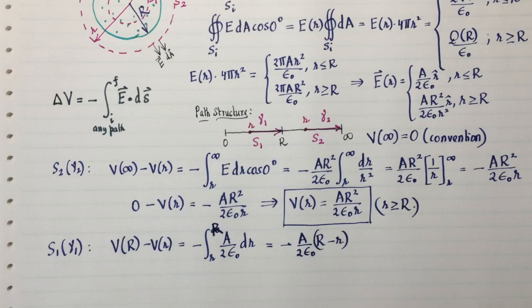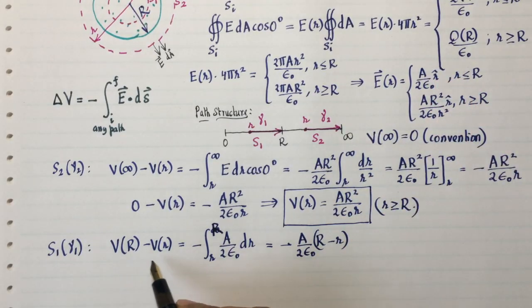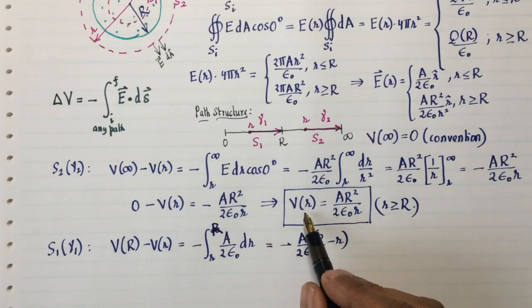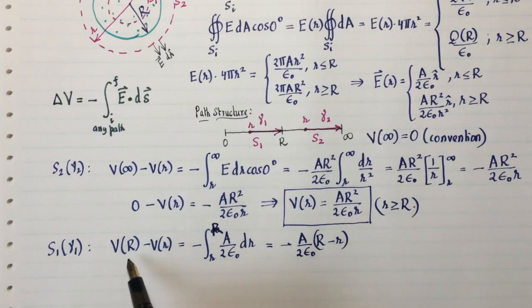Now we have a slight problem, and that is we don't know what V of r is. But notice that just as we did matching of the electric fields at the boundary, we can also do matching of the potentials at the boundary. V of r, whatever it is, should also be the same thing that I get from this expression. So I'm going to substitute for this here.